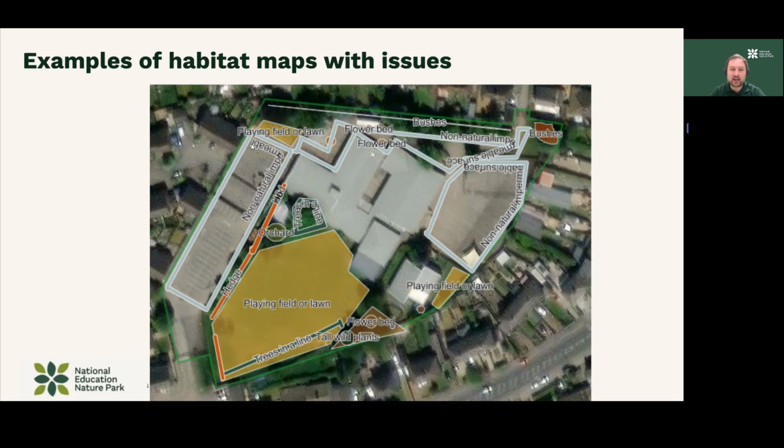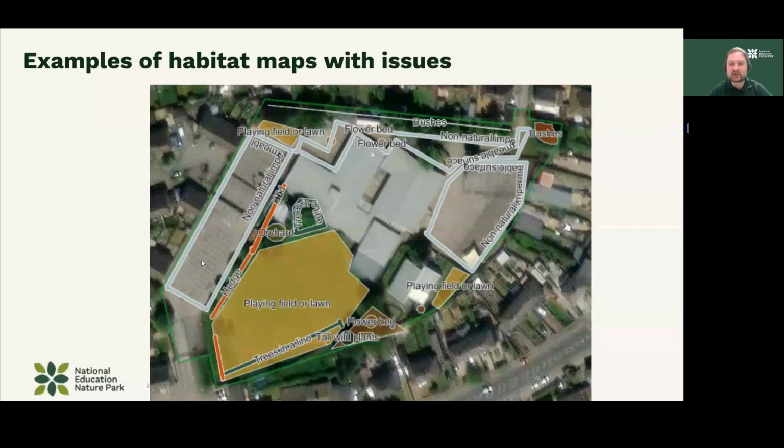So for these guys here, they've used a line around the section, but what they should have done is used an area. Again, for here, they should have used an area. They have used areas in some places, but in these spots they have used a line feature instead of an area feature.